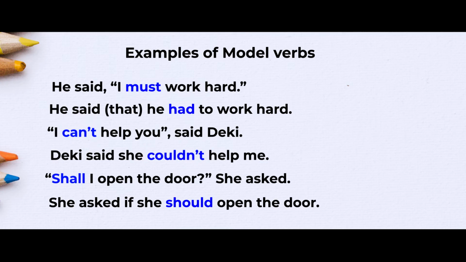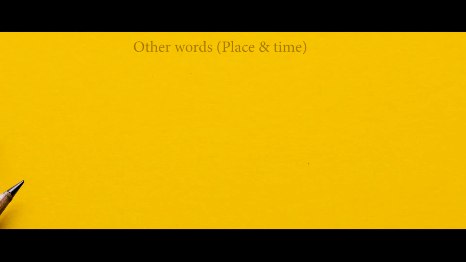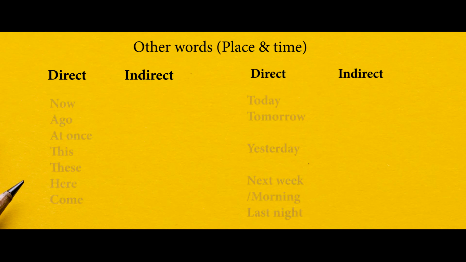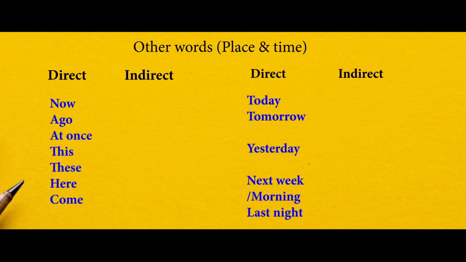Right? Now let's look at other words related to place and time. So if you look at this slide, you will see under direct speech we have now, ago, at once, this, these, here, come.